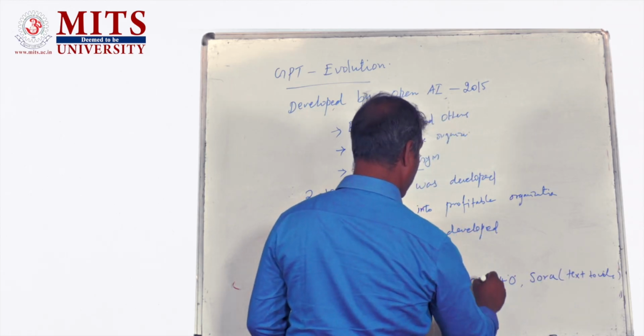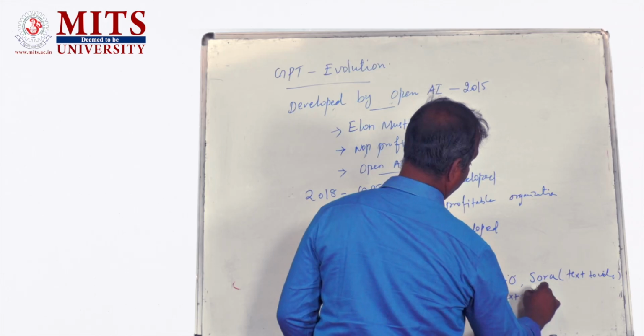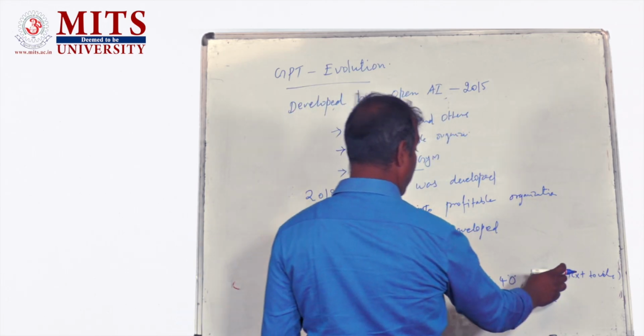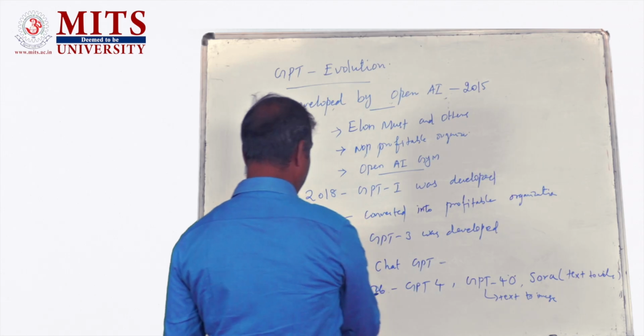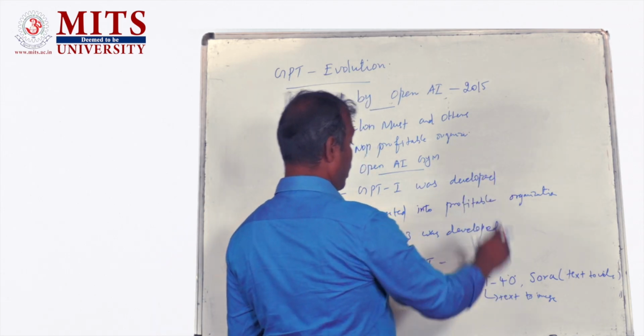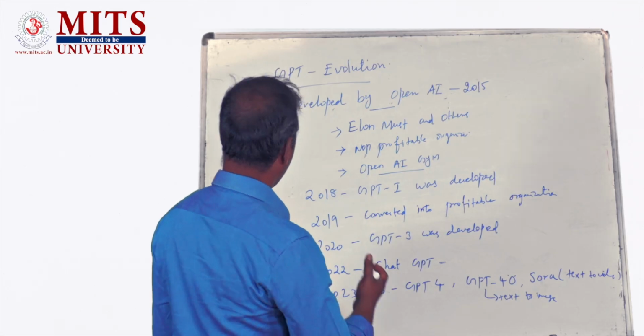It is for text to image. To handle the text to image, to handle the text to video, in these years 2023-26, GPT-4, GPT-4O and all were developed. So these are the various evolutions of the GPT tool.